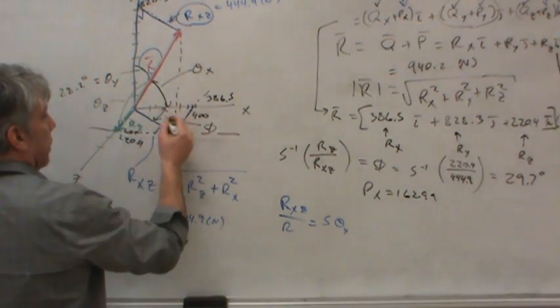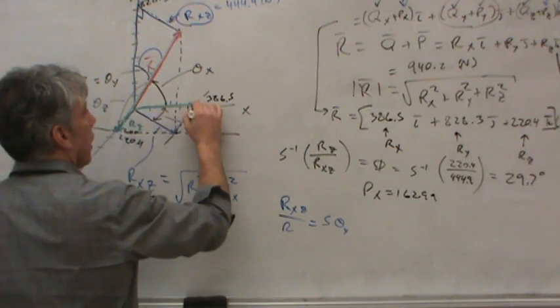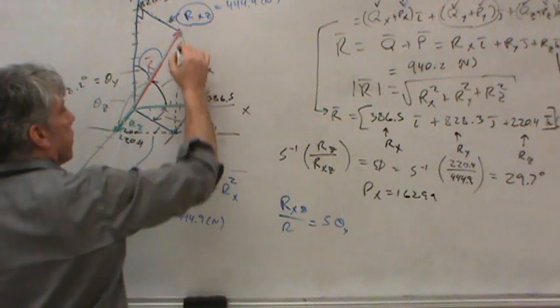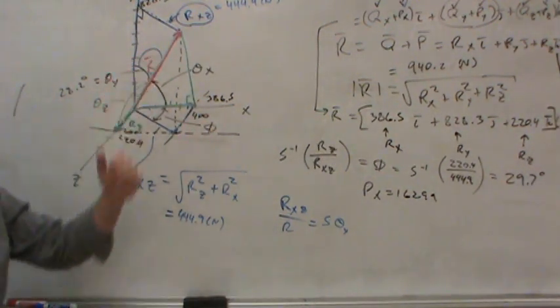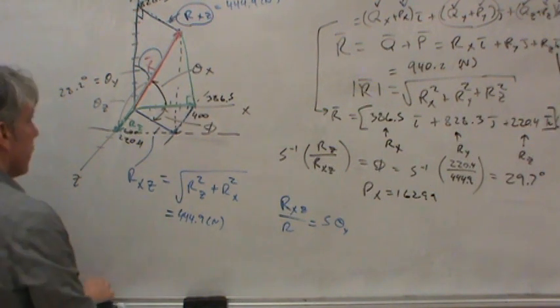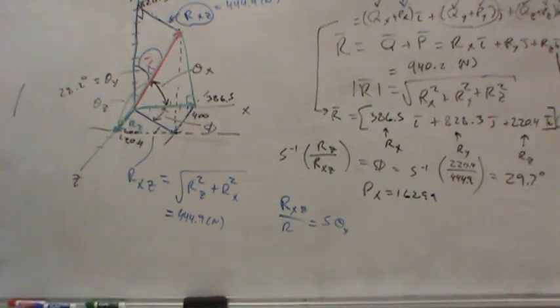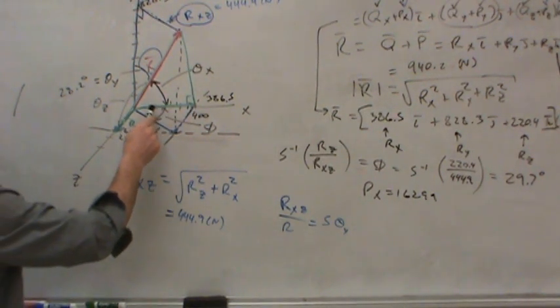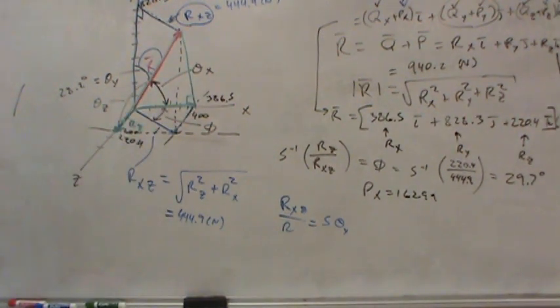So for this one, I will need rx and a line going from here to here, and this is a right triangle. Do you see the right triangle, how it's tilted towards us a little bit? Okay. That triangle contains theta x. So I will need the length of at least the hypotenuse and one side in order to get theta x, but guess what?